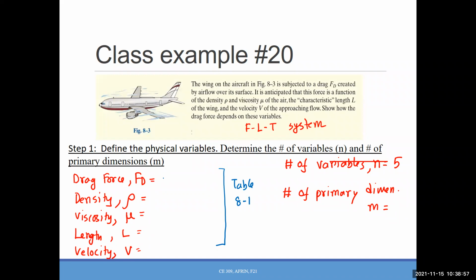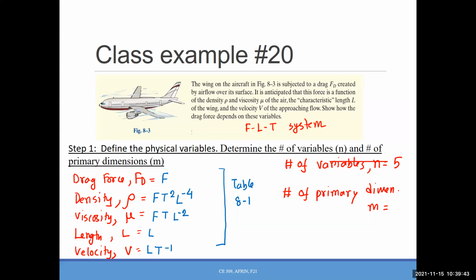Okay, so drag force, it will be just F, right? For density, what is the expression? F and L to the power minus 4. Okay. For viscosity mu, what will be the expression? F, T, L to the power minus 2. Okay. For length, it's length. For velocity, it's this one, right?